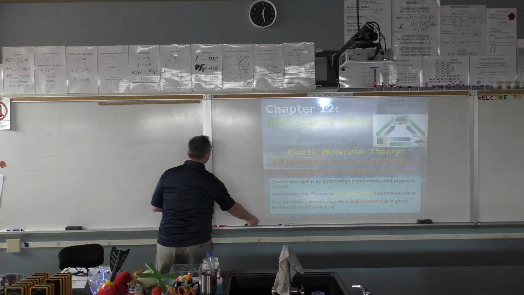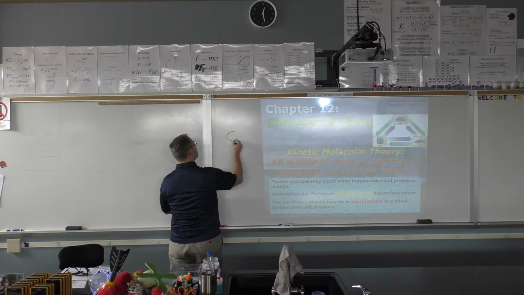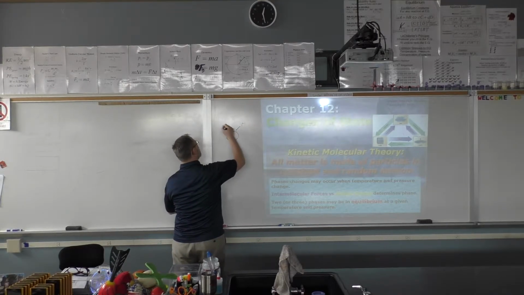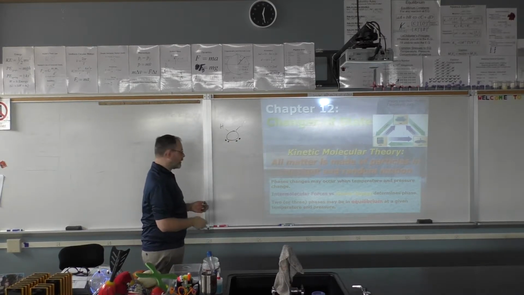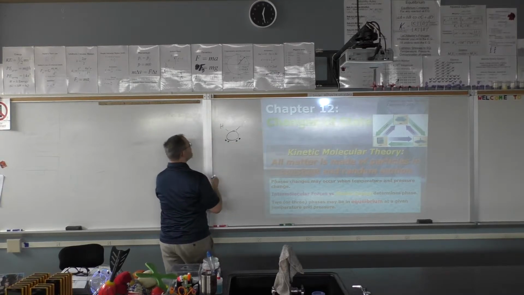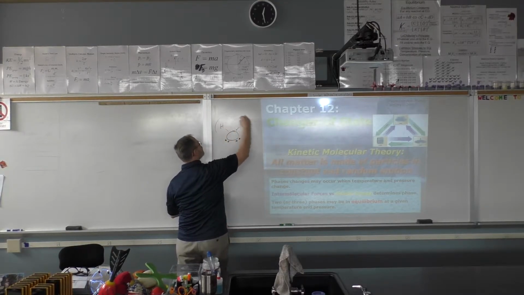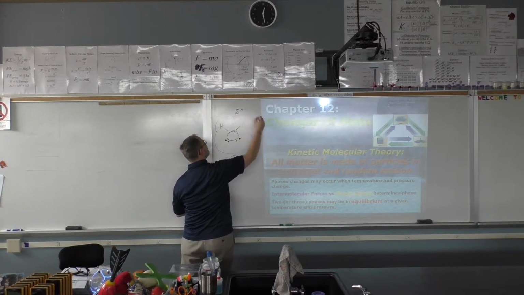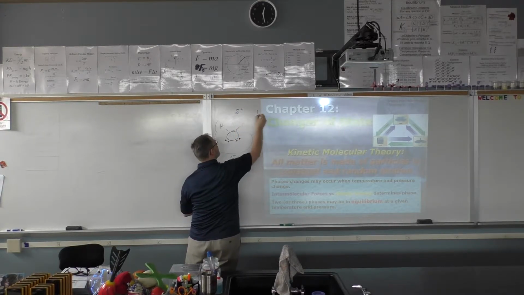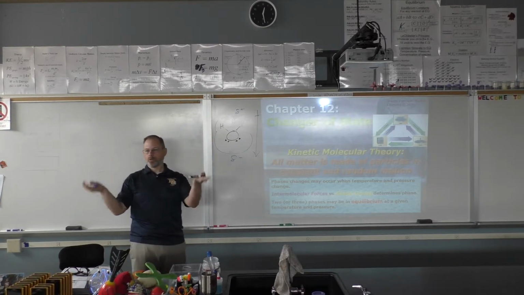So if you remember, we have a water molecule, and water molecules are H2O. There's our O, there's our H, with two unshared pairs chilling out down here. So water molecules have a partial negative end and a partial positive end. If you drew the water molecule, you'd have a partial negative end and a partial positive end, and we show that with a dipole. Cool?